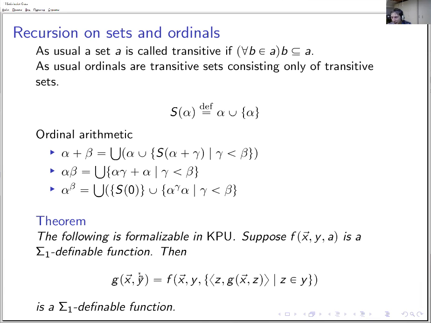So we want definitions of functions by transfinite recursion on sets: we define each next value of our function using the values of our function on elements of the set on which we're defining it. The function f corresponds to the step of recursion.